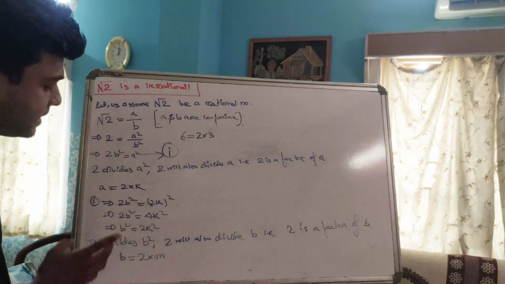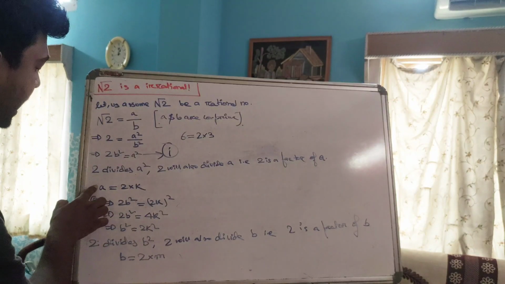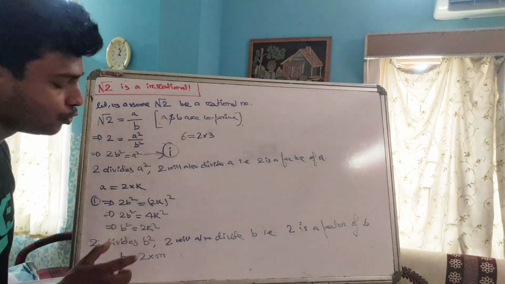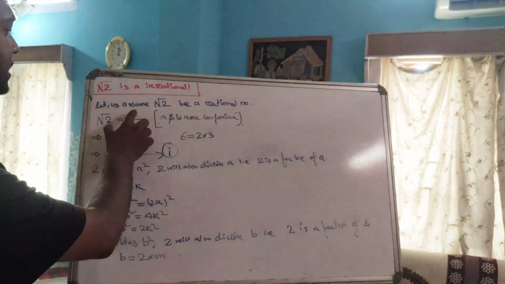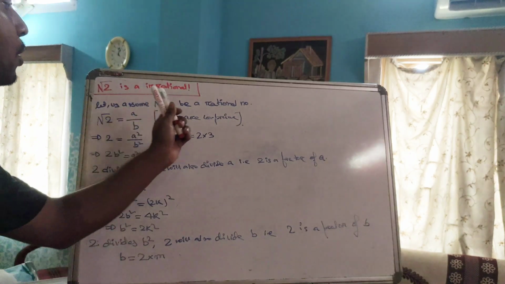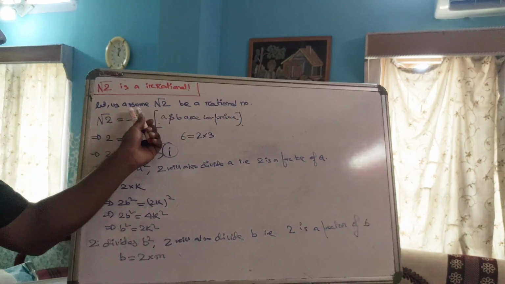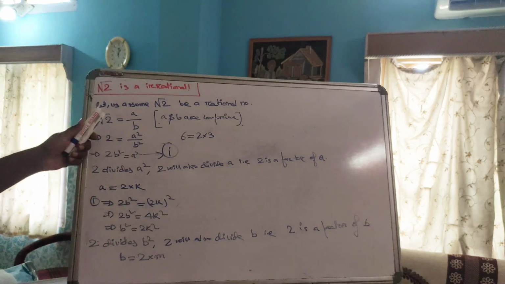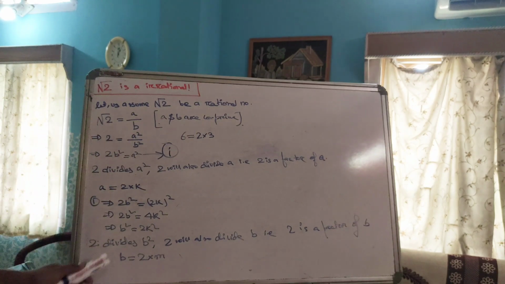Okay, so now you can see here both a and b share a least common factor of 2, but we have assumed a and b to be co-prime, which means that a and b have no common factor. But after manipulating it algebraically, we found that both a and b share a common factor of 2.